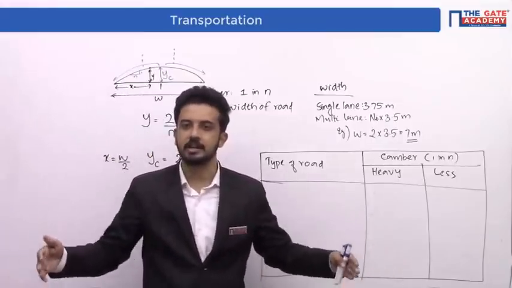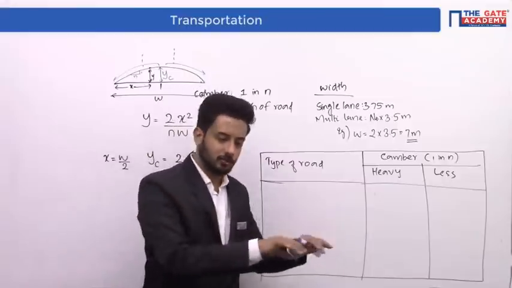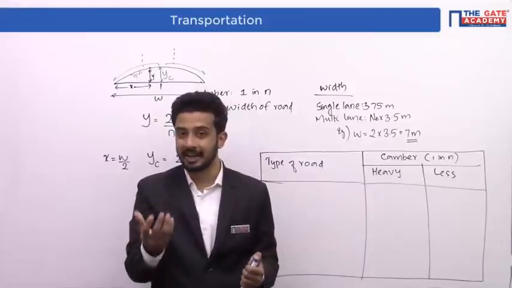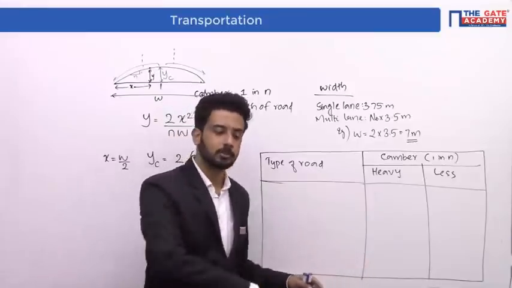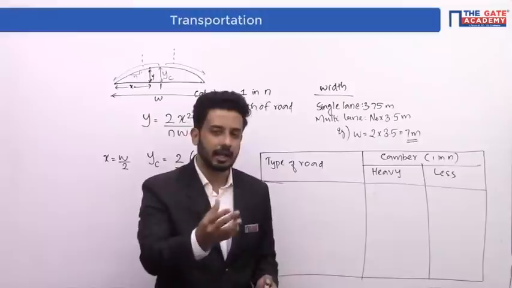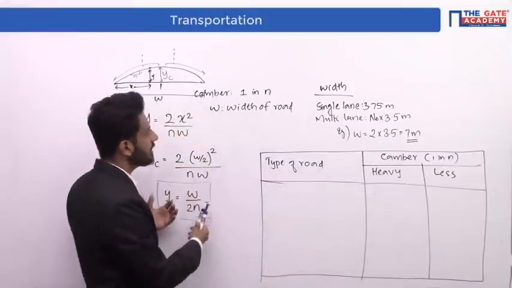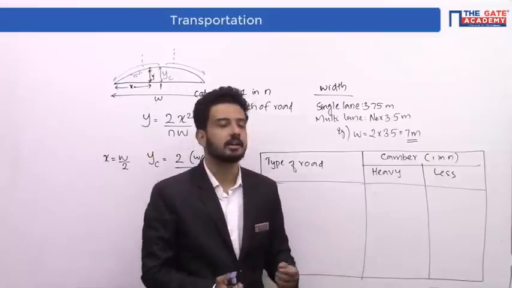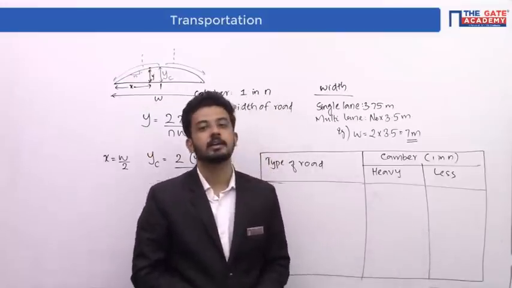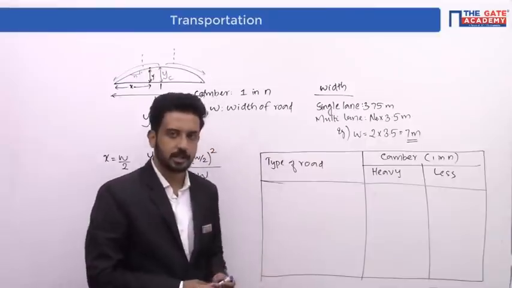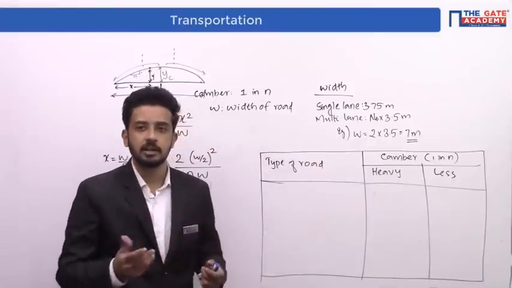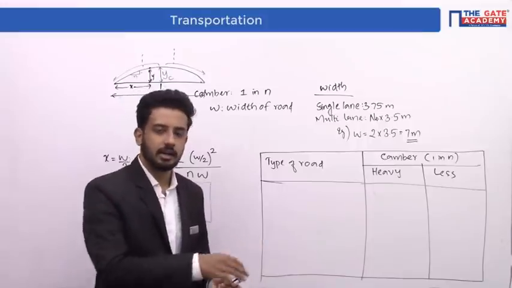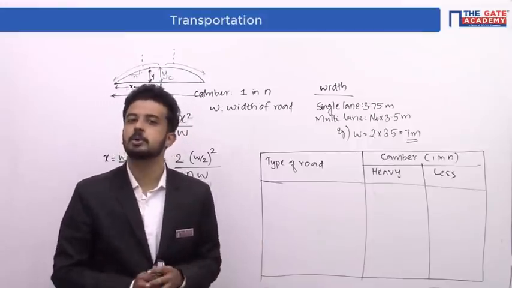There will be side drains. We have to give some provision for the rainwater to escape to the side drains. So for drainage purposes only, we are giving camber. So whether heavy rain or less rain is there, that actually matters. If heavy rain is there, you have to provide more slope. If less rain is there, comparatively less slope is okay.